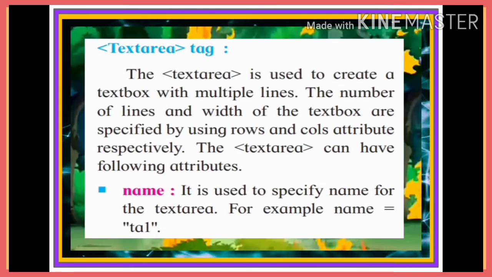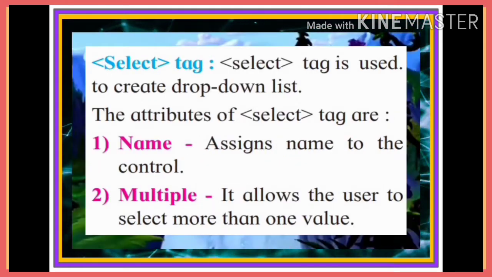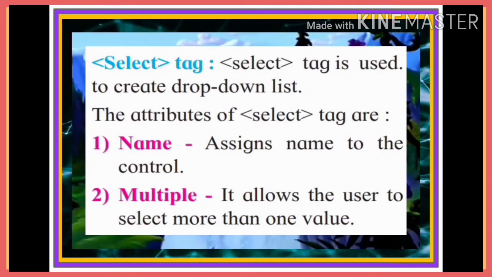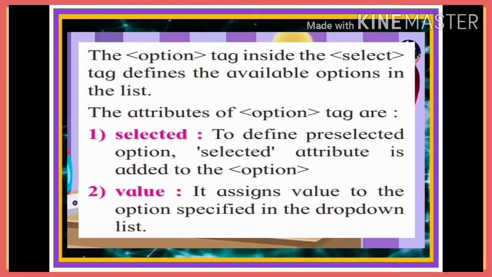We have also discussed the textarea tag and its attributes: name, rows, cols, maxlength, placeholder, required. Also, we have seen the select tag and its attributes: name attribute, multiple attribute and size attribute.